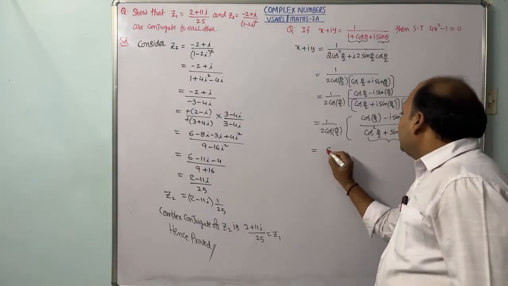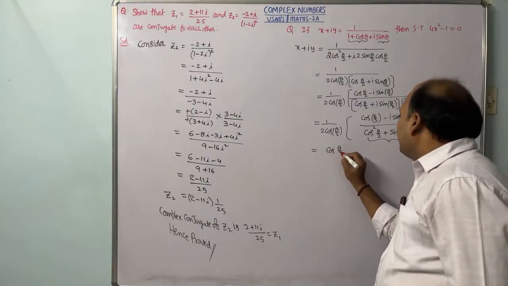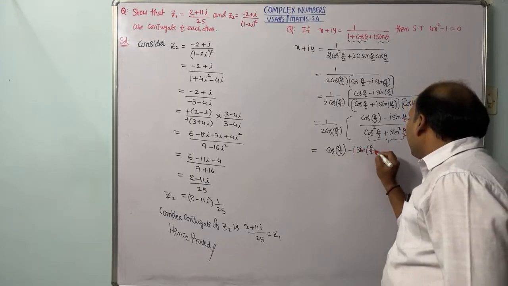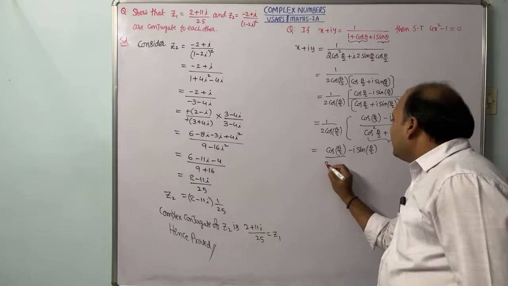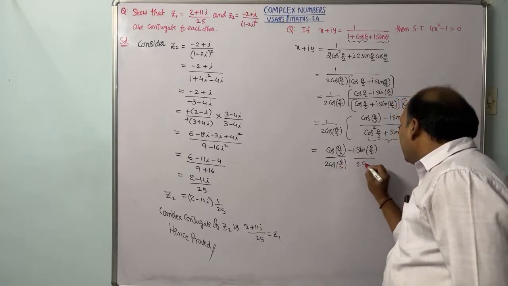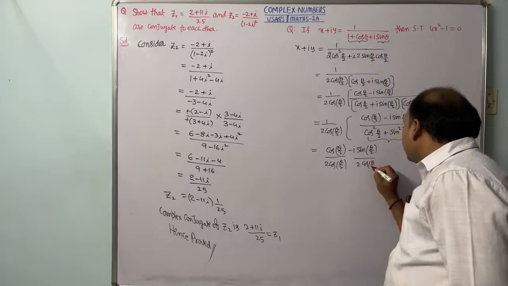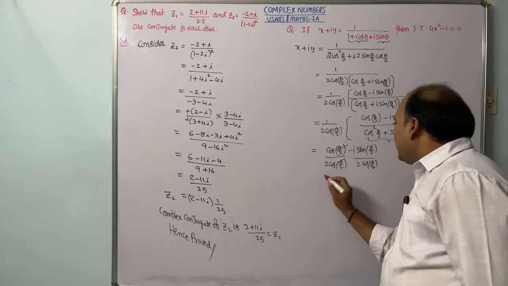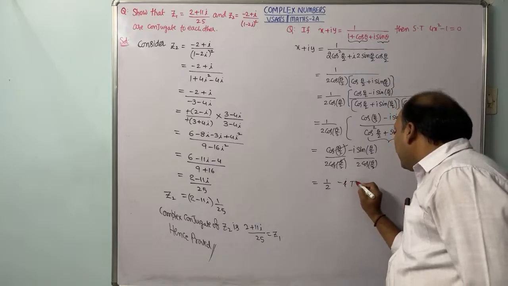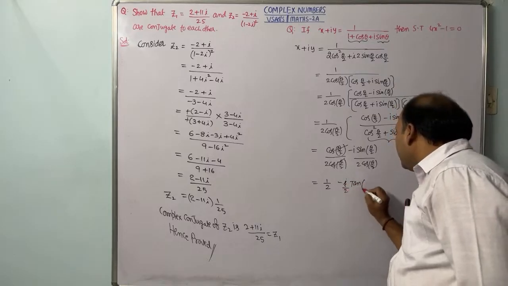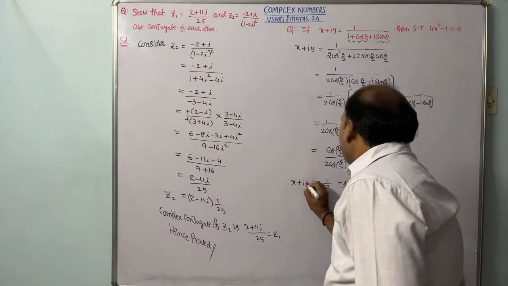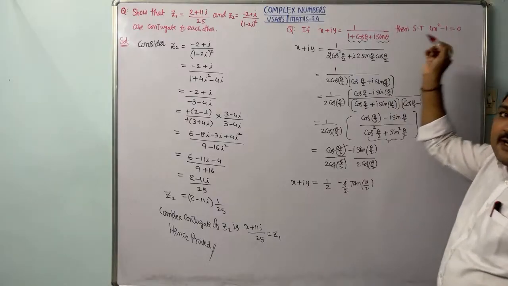So the remaining is (cos theta by 2 minus i sin theta by 2) divided by 2 cos theta by 2 into 2 cos theta by 2. Okay, students? These two will be cancelled. So it is 1 by 2 minus i by 2 into tan theta by 2. This is equal to x plus iy. They are asking to prove the result in terms of x only.